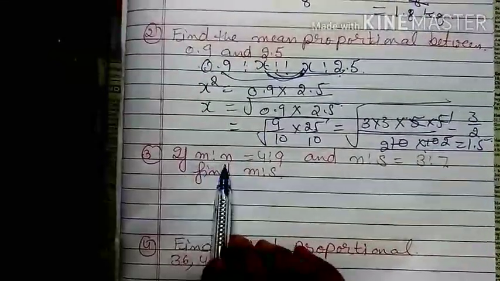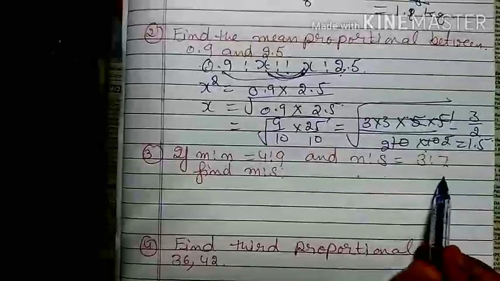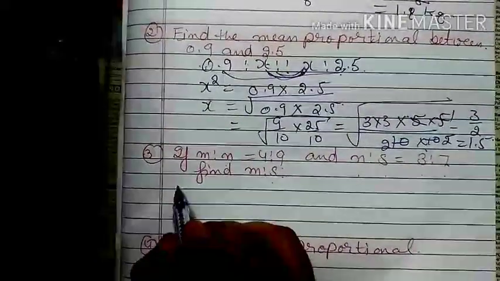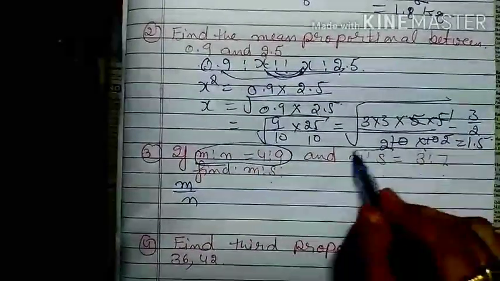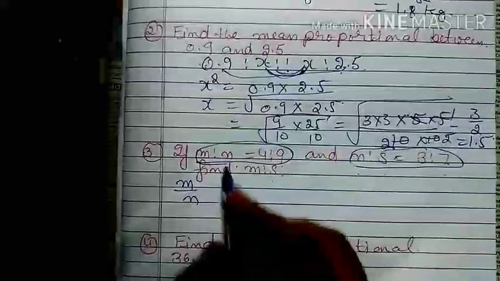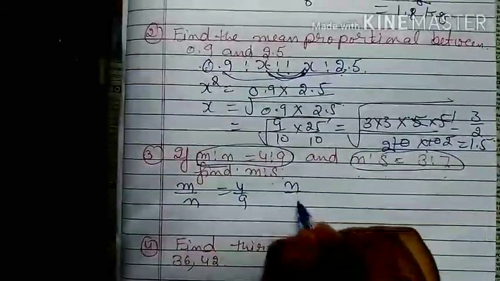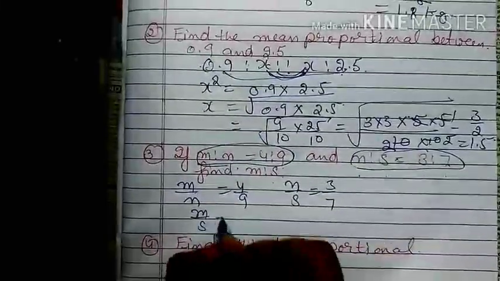Next: if m ratio n is equal to 4:9 and n ratio s is equal to 3:7, you have to find the value of m ratio s. Write in fraction form, because both are given in ratio form. It means m by n gives you 4/9 and n by s gives you 3/7, and you have to find m by s.